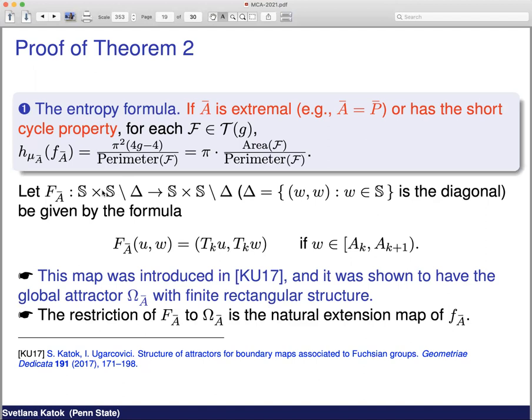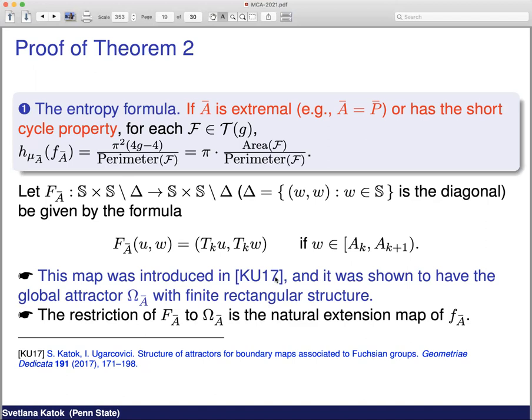If you now look at S cross S minus the diagonal, you can define the map capital FA by looking at where W is. So my leading coordinate is W, not U. Okay, so this is the formula, and then you get the natural extension. So for Markov, from one-sided Markov, you get two-sided Markov.